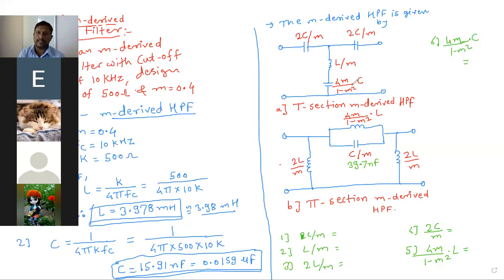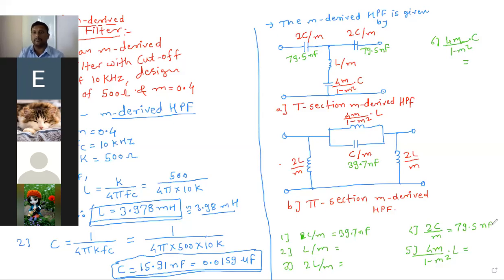Next 2C by M, multiply it by 2, how much will it be? 79.5 nanofarad. So 2C by M and C by M are done. I will write C by M is 39.7 nanofarad and 2C by M is 79.5 nanofarad.